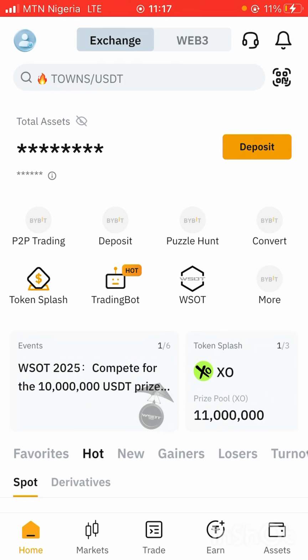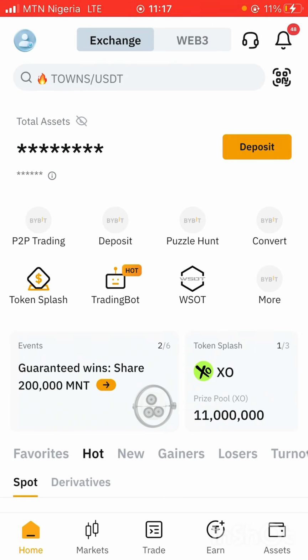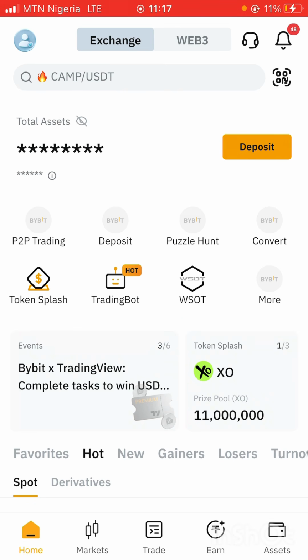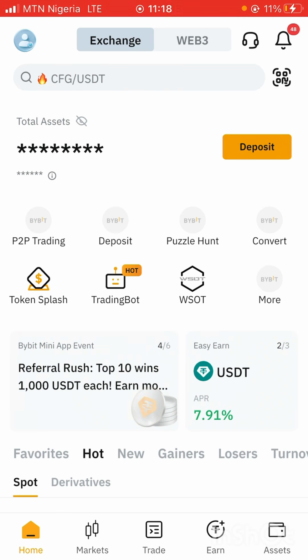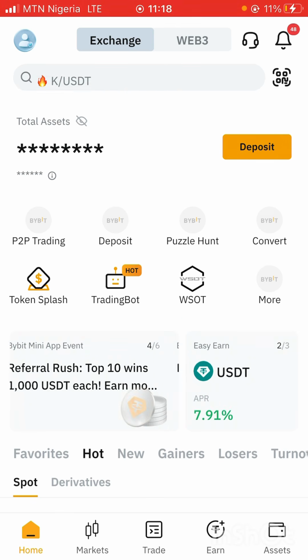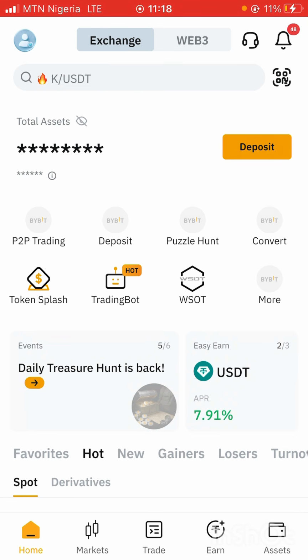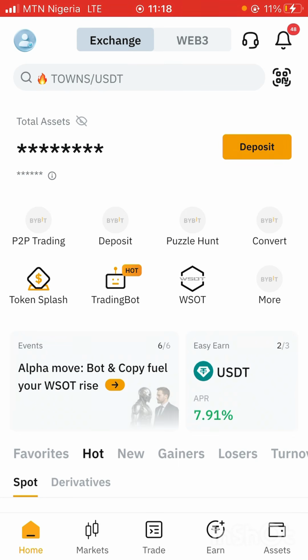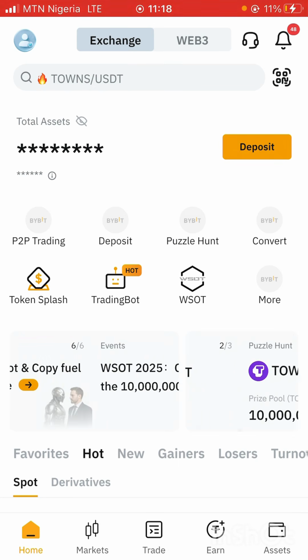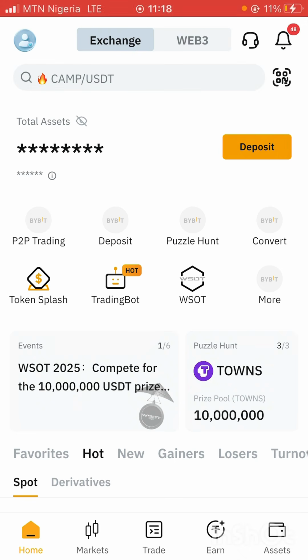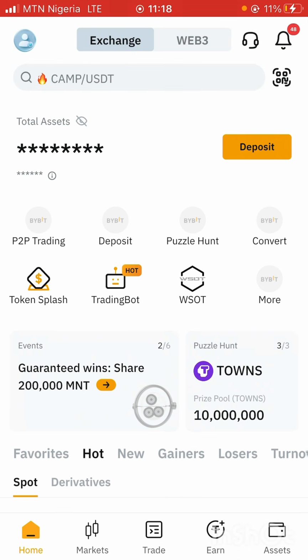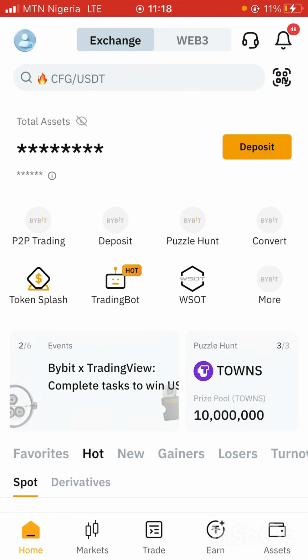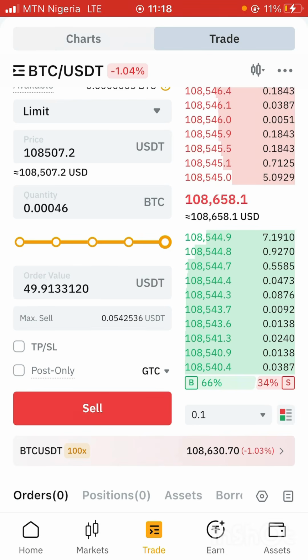So let's go back to where we are going to sell this particular BTC. First of all, you need to understand that you need to pay transfer fees. If you are buying, you're also going to calculate your transfer fees. For BTC it mainly charges between, let's say, $3 to $10, depending on the amount and quantity you are transferring. So I already bought this BTC, and now I want to sell.